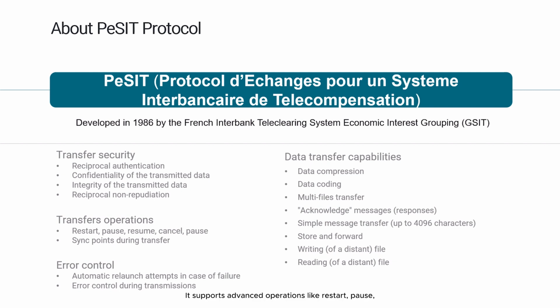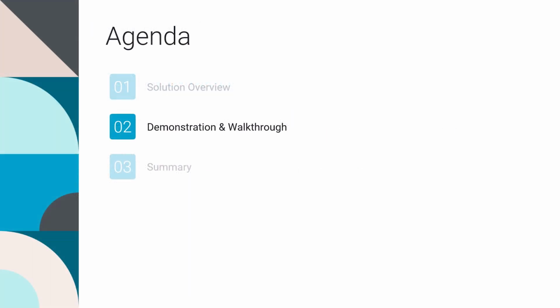It supports advanced operations like restart, pause, resume, cancel, and synchronization points, along with real-time error detection and automatic retries. PeSIT also enables compression encoding, multi-file transfer, acknowledgement messaging, and remote file operations, making it a comprehensive solution for both direct and store and forward data transfer in any business setup.